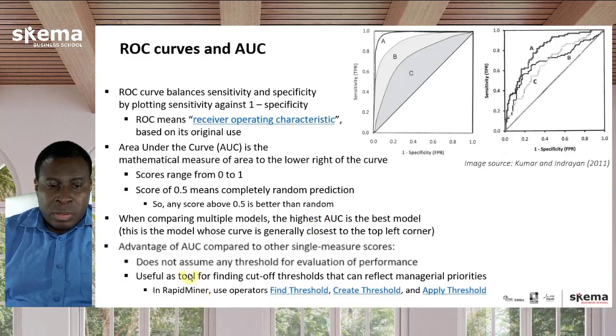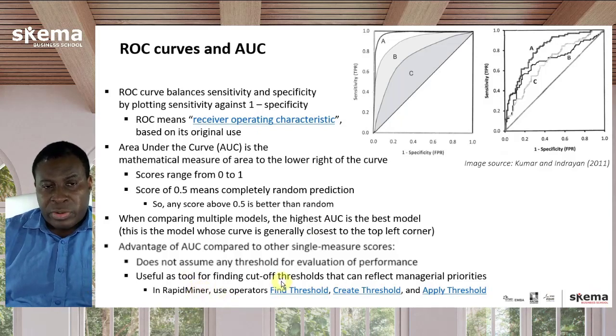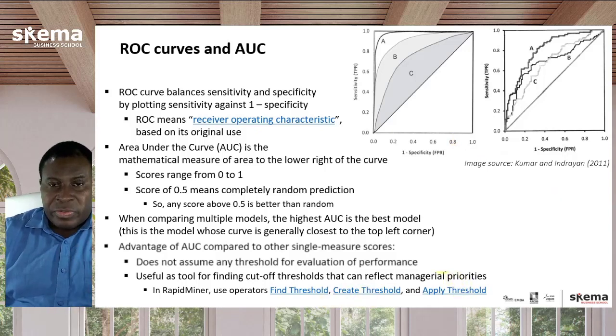Now, there are tools in various languages. In RapidMiner, you can use the operator Find Threshold, which finds the best cutoff that will give the best balance between true positives and true negatives, and you can use the operators Create Threshold and Apply Threshold to set that. Instead of 0.5, you can set it at 0.4.